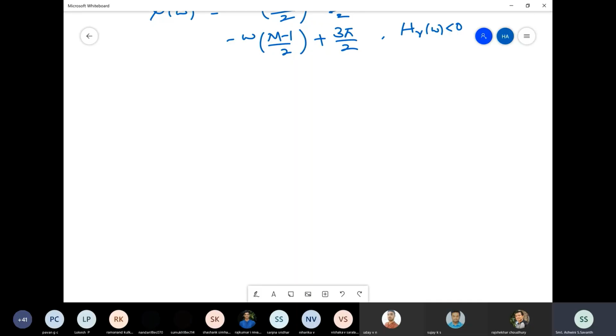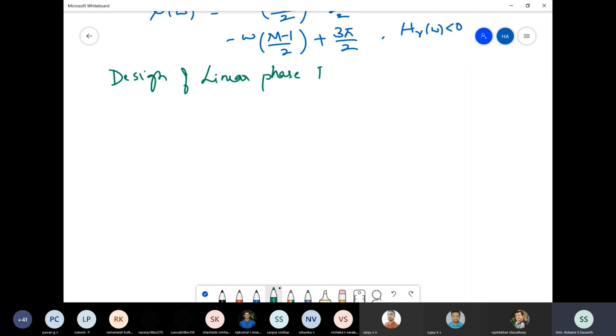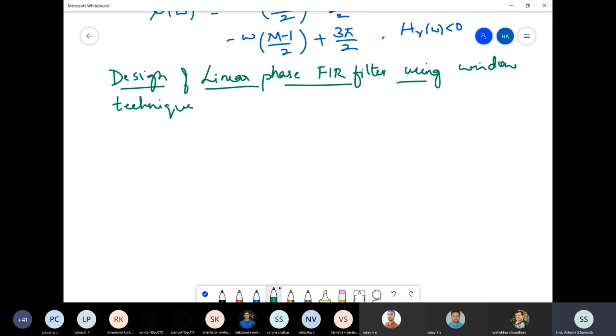So what is this filter design technique using windows? Design of linear phase FIR filter using the window technique.